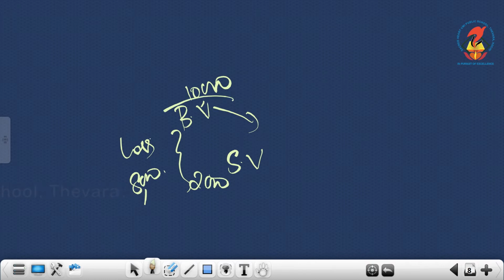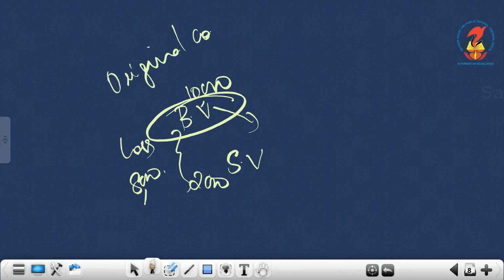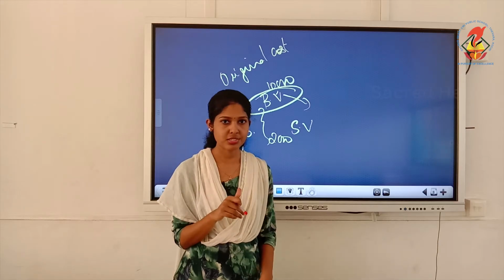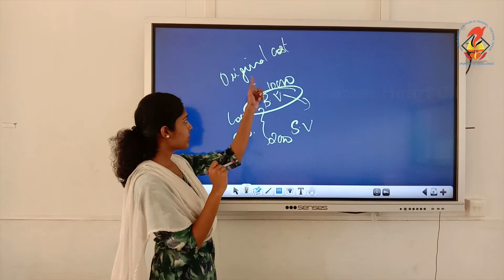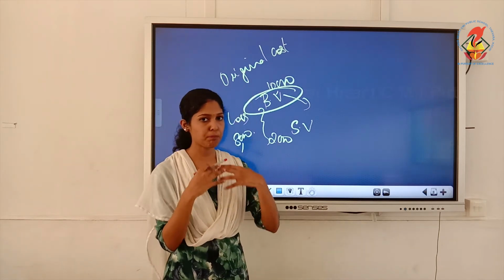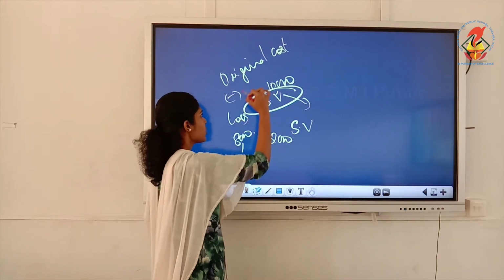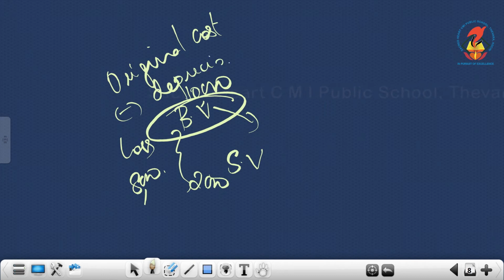Understood? Now, you must always compare the book value with the sale value. Understood? Because original cost and book value, there is a difference. Original cost means that is the cost at which we purchased. From that, when we deduct depreciation, what you get is called the book value.